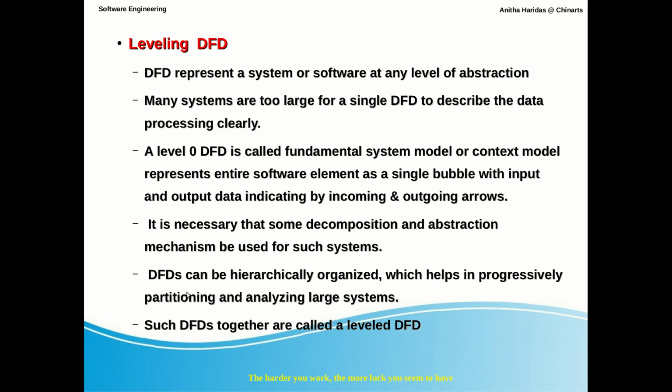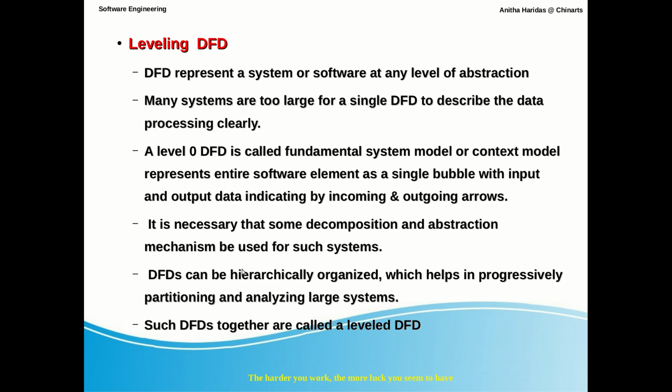So what you are going to do? DFDs will be hierarchically organized, which helps in progressively partitioning, which we call as decomposing into smaller units, partitioning and analyzing large systems. These kind of DFDs are called as leveled DFD.